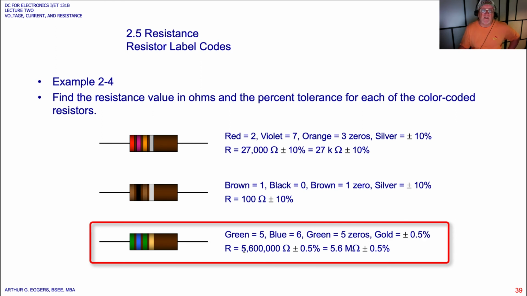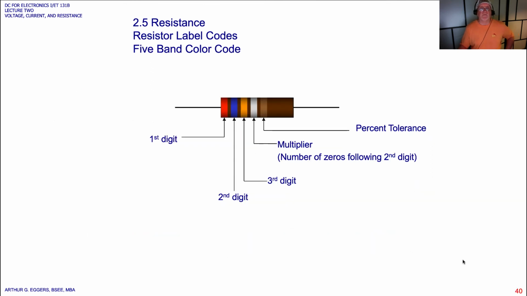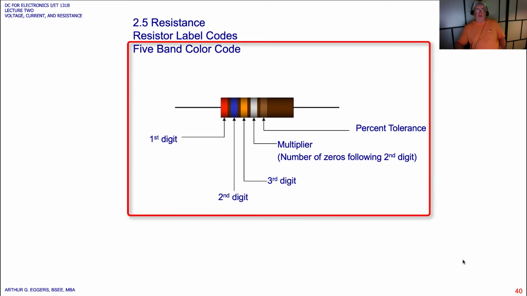So we have 5.6 meg, little m is milli, big M is mega, so 5.6 meg, 5,600,000 ohms at a tolerance of 0.5%. Okay, so that is for a 4-band.